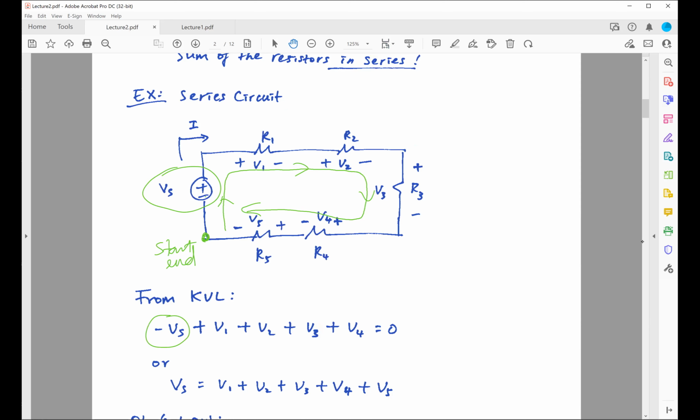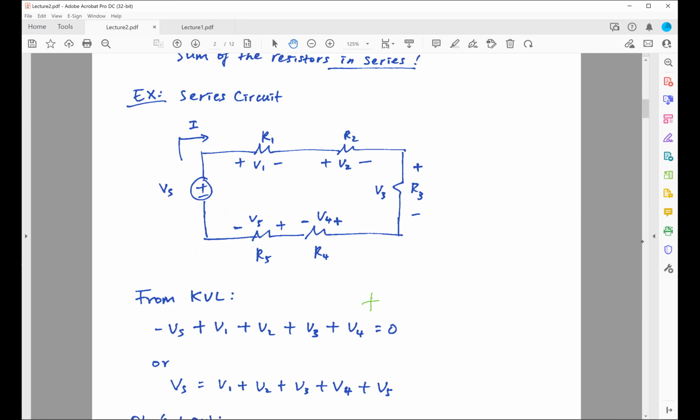And since we're doing the algebraic sum of all the voltages around the loop, I have to add: plus V1, plus V2, plus V3, and plus V4.